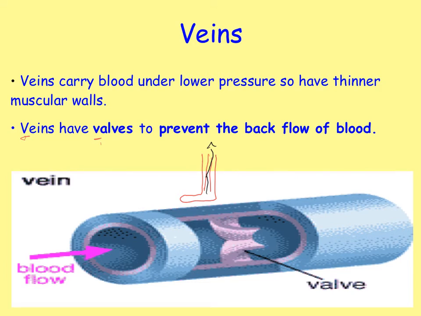So what happens is along your veins you've got these valves that prevent that blood flowing backwards. So for example, the blood will flow along here, it will go through these valves, and the valves then, like this, will close and it'll prevent the blood flowing back the way.